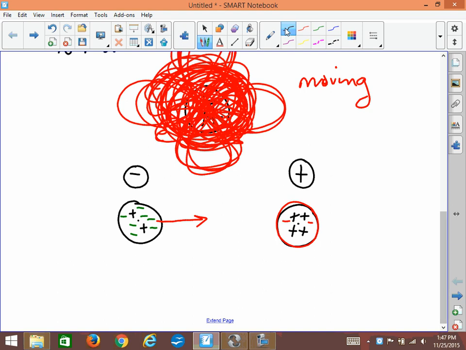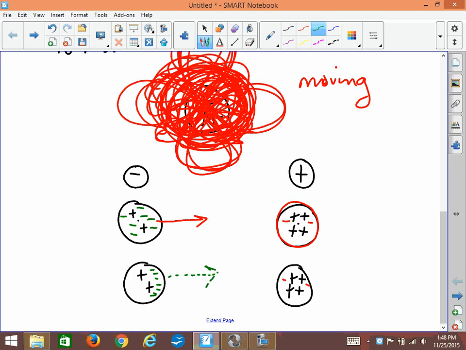We can envision it like those electrons all being pulled like this. They're all like, it'd be really cool if we could get over there. They're all sort of trying to go this way, but they can't go.